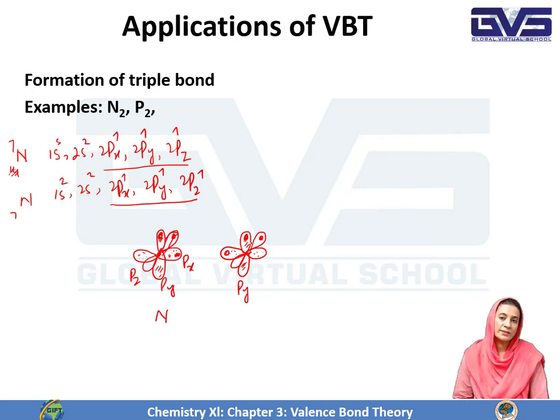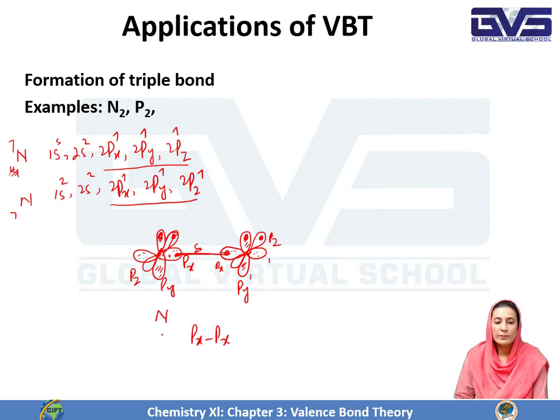So how will the first bond be formed? Either between px, or between py or pz. The first bond will be sigma. This is px, this is py, and this one is pz. So the first bond will be a sigma bond, that is between px and px. The second will be those that are symmetrical on the axis, like pz and pz.